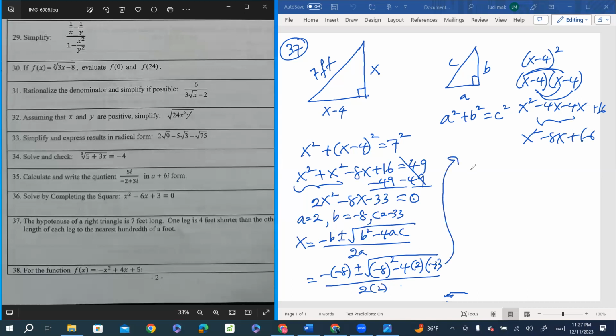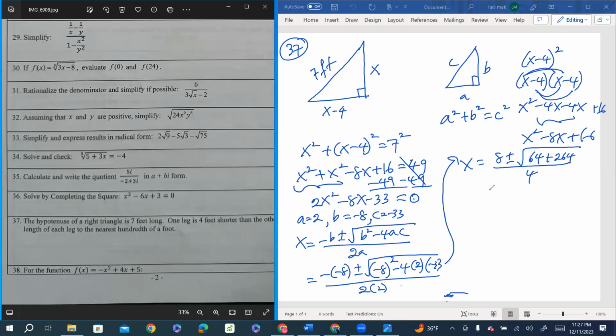Let me simplify over here. So x equals positive 8 plus or minus square root of negative 8 squared is positive 64 minus 4 times 2 is 8. 8 times 33 is 264. So positive 264 over 2 times 2 is 4.